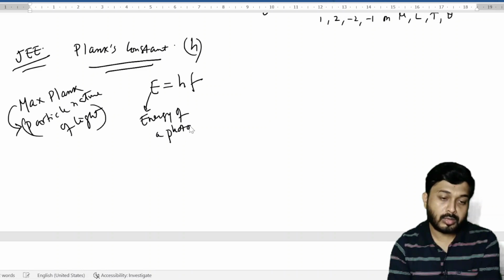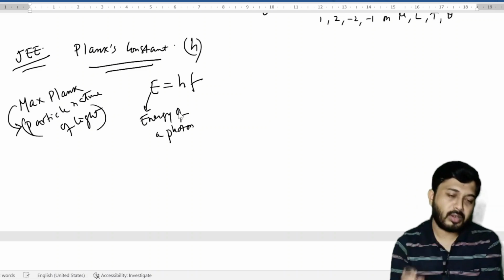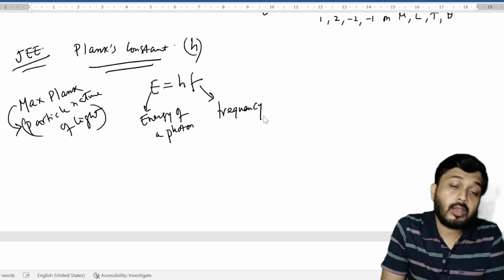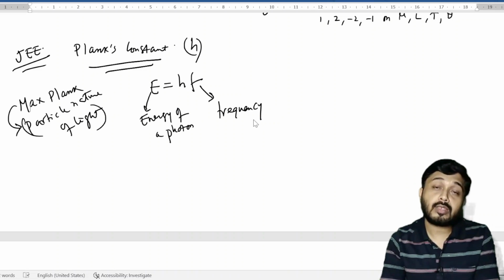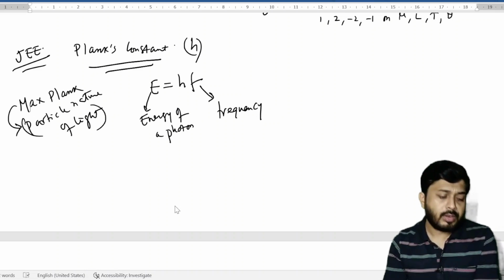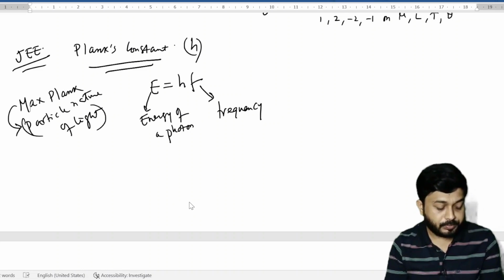What is a photon? A tiny particle of light. h is Planck's constant. What is f? f is frequency. Do you know the formula for frequency? Yes, frequency is the reciprocal of time period, right? So frequency is nothing but 1 by t.